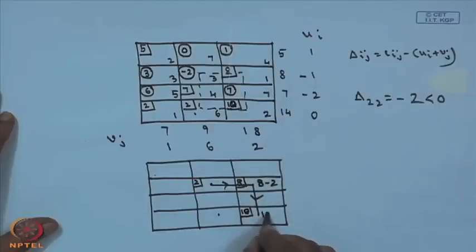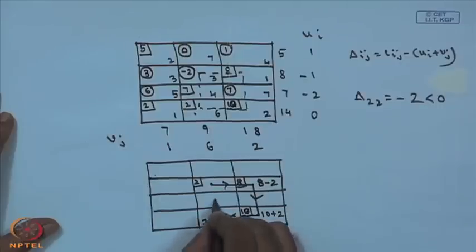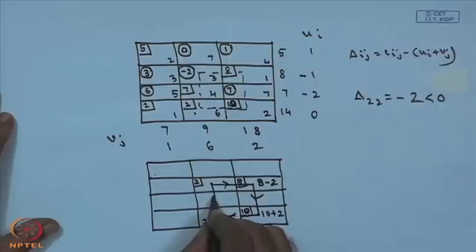So this allocation now will become 10 plus 2, and once you have made 2 more allocations, you are going to this side, then here you have to make 2 less allocation, that is 2 minus 2. So, now this cell will not be occupied and from here when you are moving automatically you have added 2. So, like this way you are forming the loop.